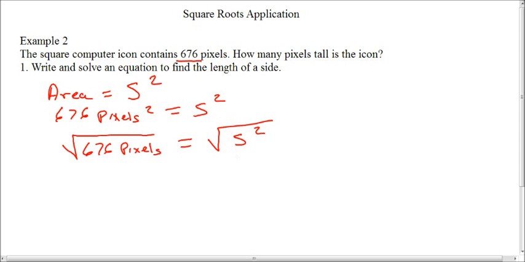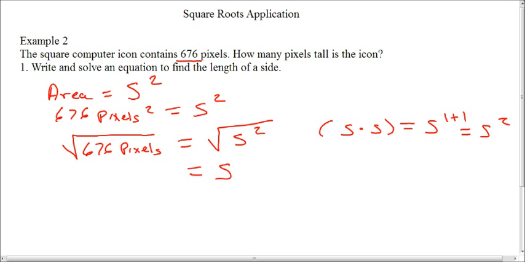Let it be known that s times s, or any variable times itself, will give you s to the 1 plus 1 power. We're dealing only with the exponent, which will give you s squared. So the square root of s squared is simply s.